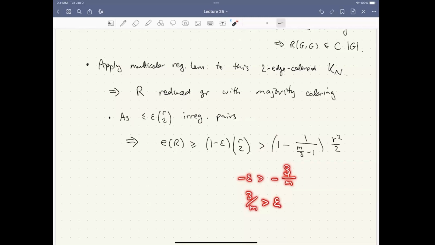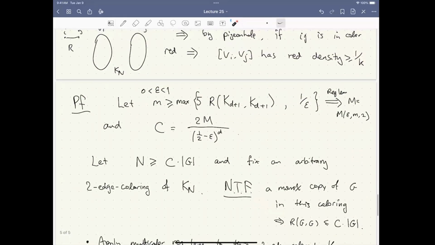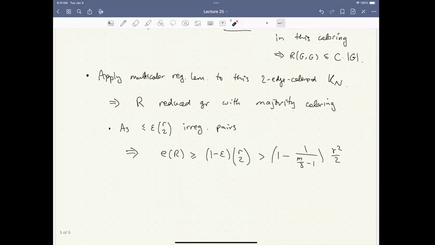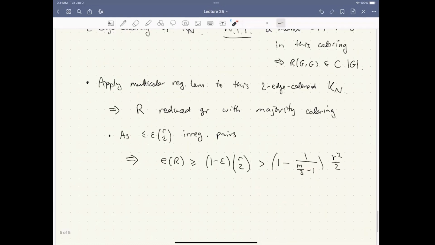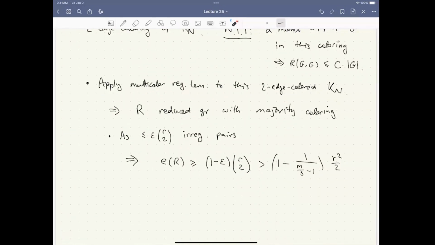I see. So I really mean, because here we need this, which is the same as 3 over epsilon bigger than m.